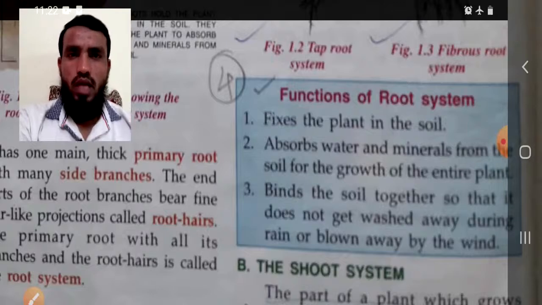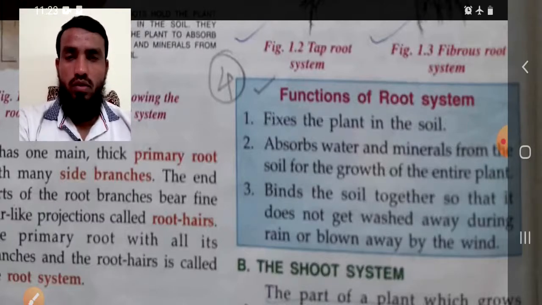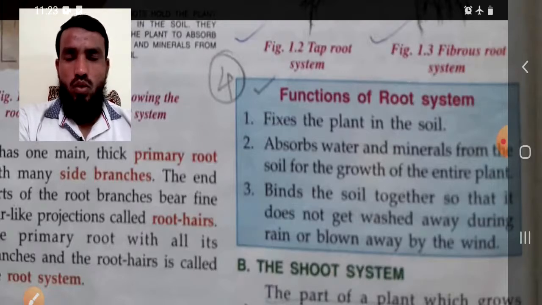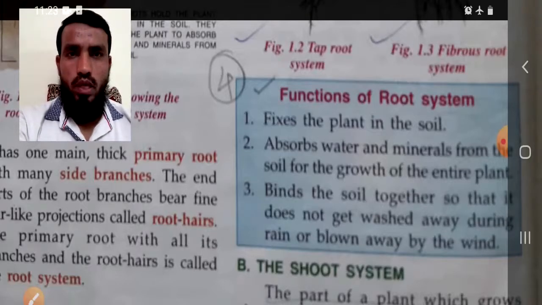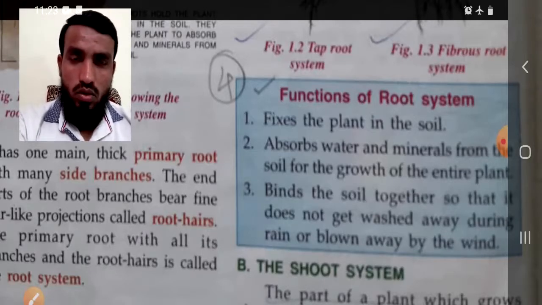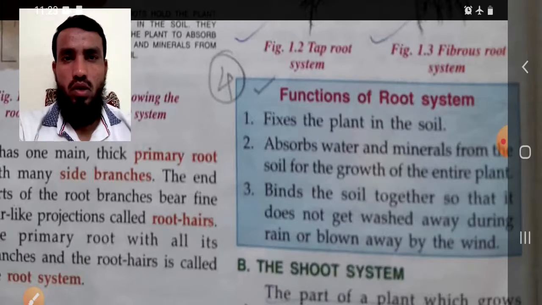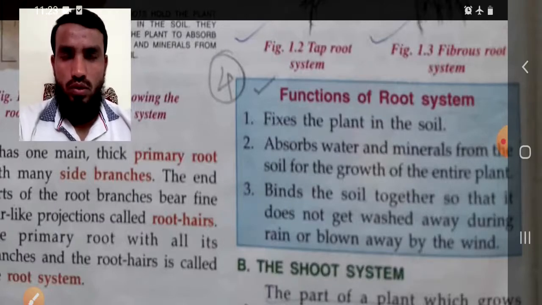Sometimes with heavy wind or heavy flow of water, the uppermost layer of the soil will be washed away. So the roots are also helping the soil to stay in one place. They are protecting the soil, just holding the soil, and not allowing the soil to wash away with water or heavy wind. So that is good for the soil also, and it is avoiding soil erosion, right?